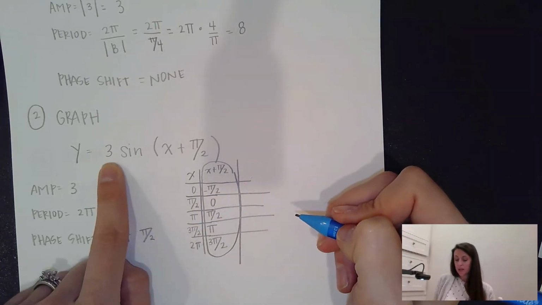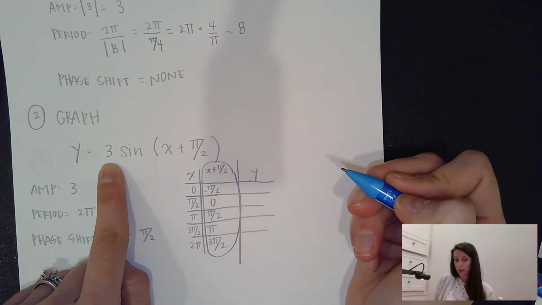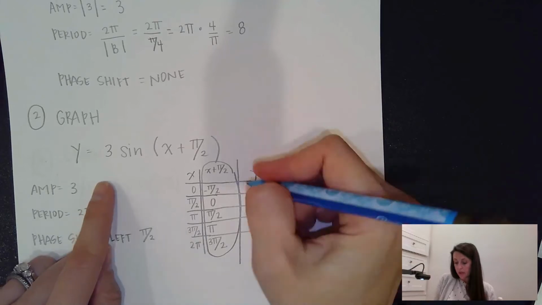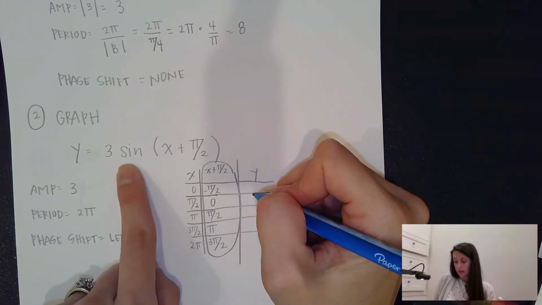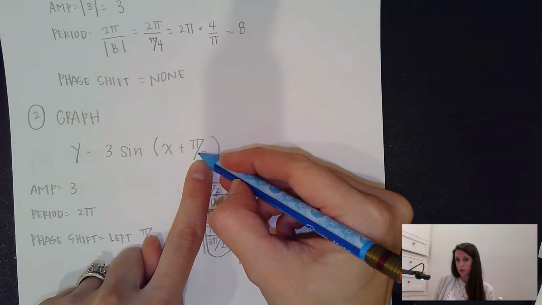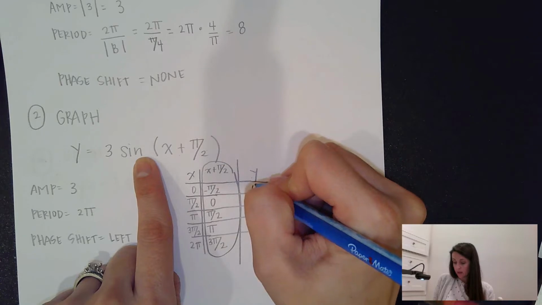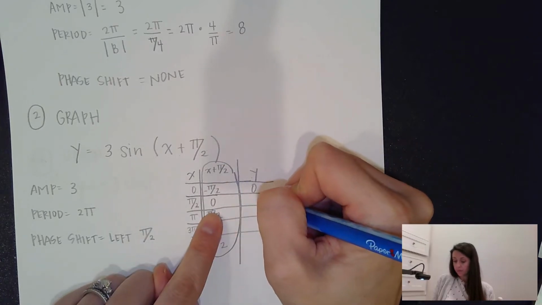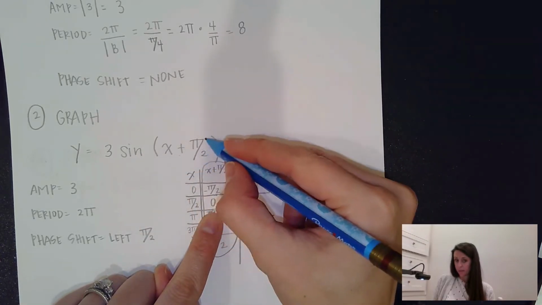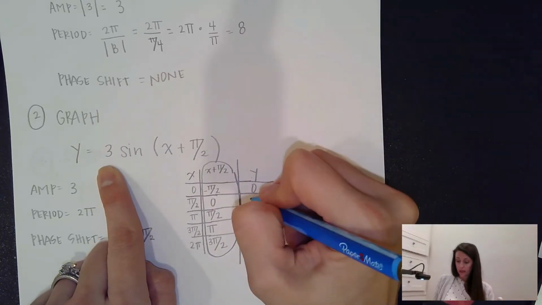Okay, it's going to have an amplitude of 3, so your y values are going to stretch by 3. So still at sine of 0, right? Because negative pi over 2 plus pi over 2 gives you a 0. So sine of 0 is going to be 0. If I plug a 0 in there, this will be sine of pi over 2. So sine of pi over 2 is 1, and 1 times 3 is 3.